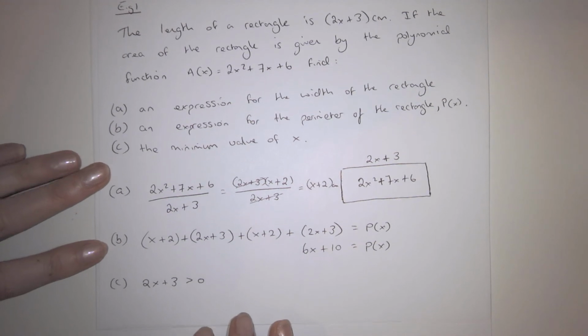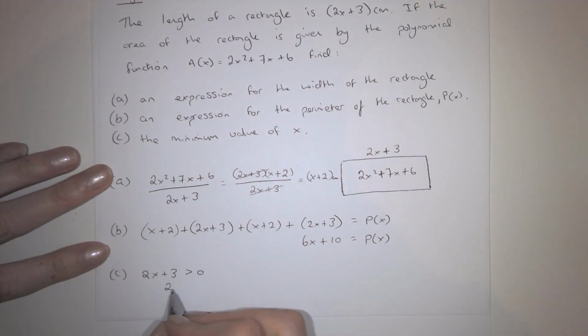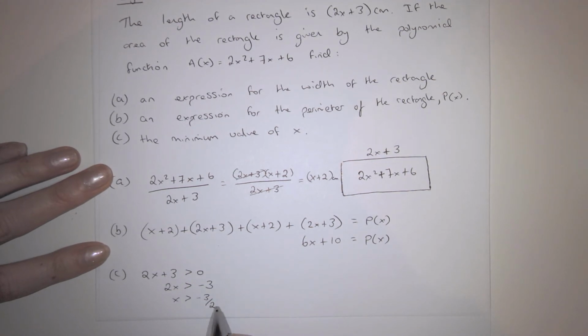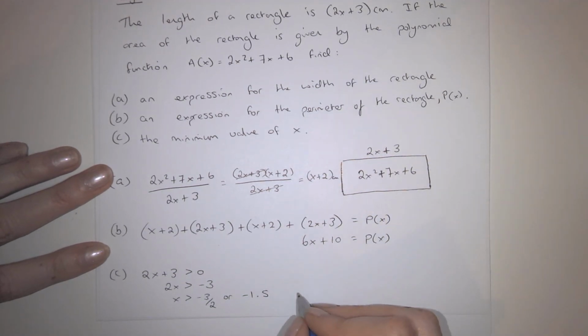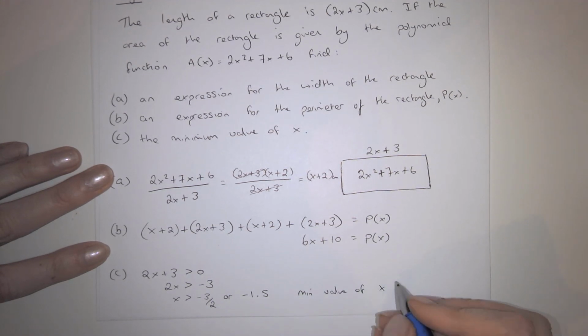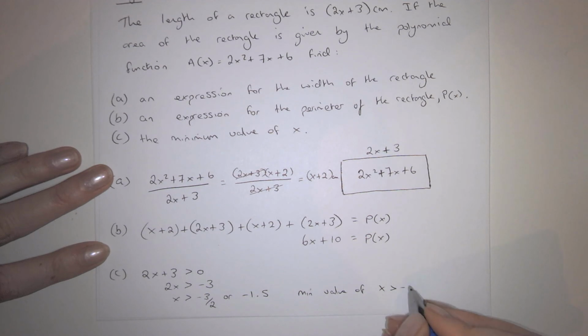It can get pretty close, but it has to be greater. So then 2x is greater than minus 3, and x is greater than minus 3 over 2, or minus 1.5. So that means the minimum value of x is greater than minus 1.5.